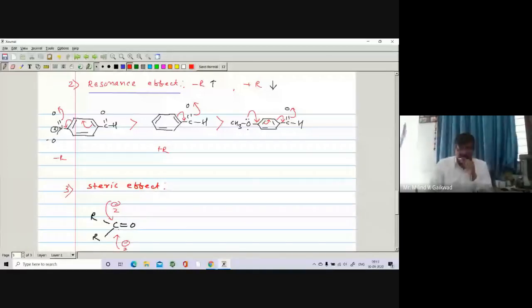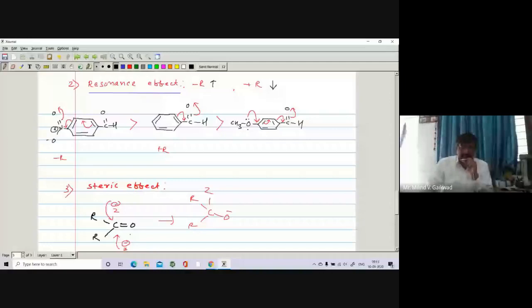As it is trigonal, the nucleophile attacks on the carbonyl carbon, and then it will convert into the corresponding intermediate. So there is a formation of a tetrahedral intermediate. Here is an R, attack of Z, and here is an O negative.